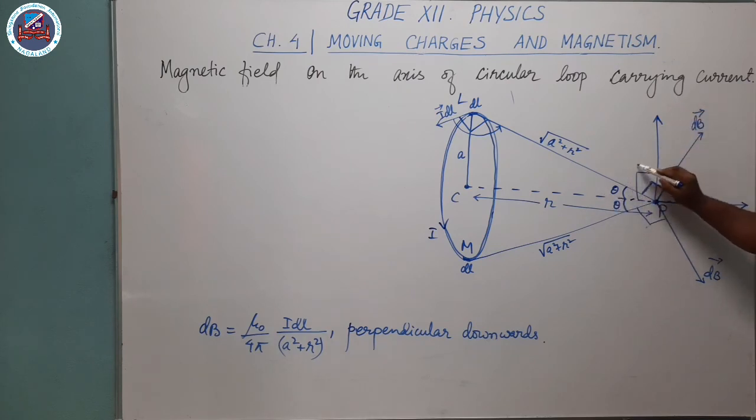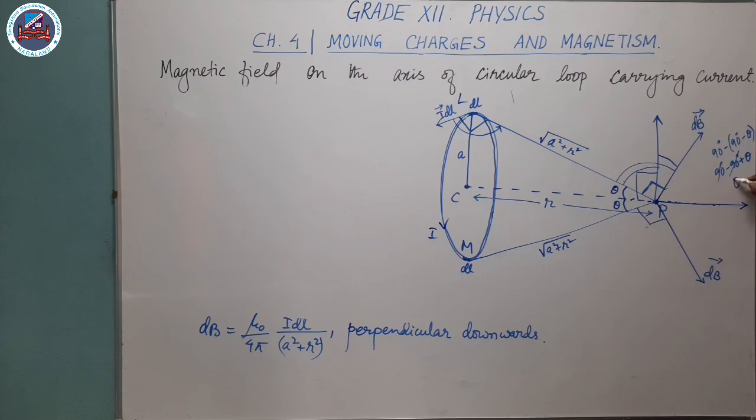So this angle will be 90 minus theta. Now if this is 90 minus theta, then 90 degree minus (90 minus theta) will give you this angle, that is plus theta. So ultimately you will get theta. So this angle will be theta.